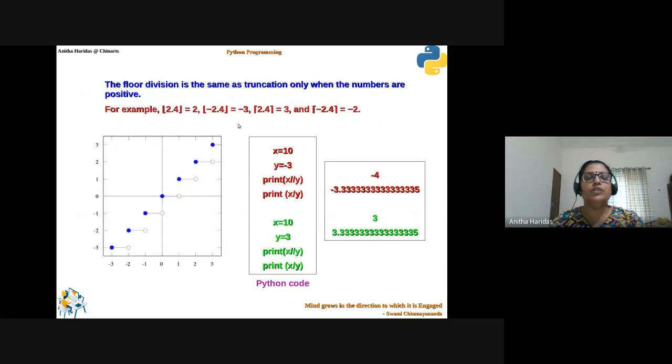Whereas if it is going to be a negative value, it takes the floor value of the fraction part, or let me put it this way, it takes the floor value of the real number that is given as the argument, right? So this is how floor division functions.